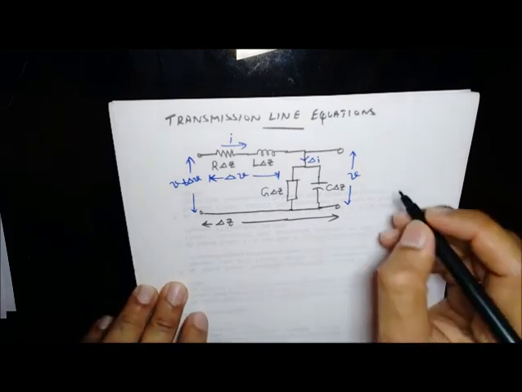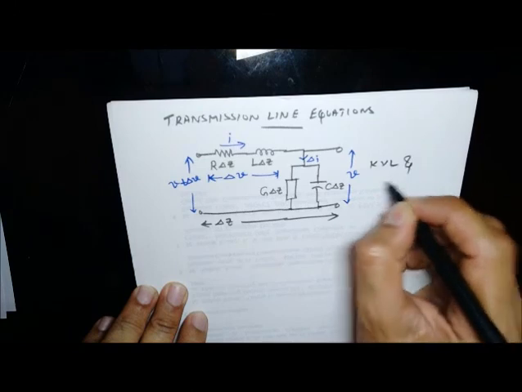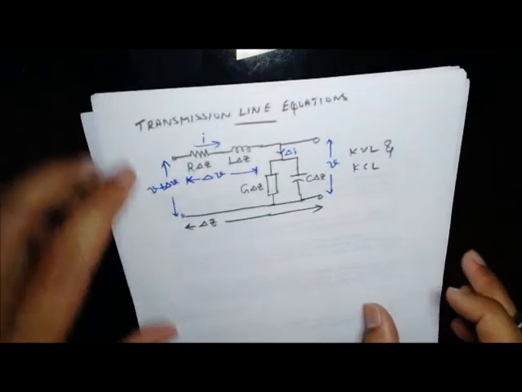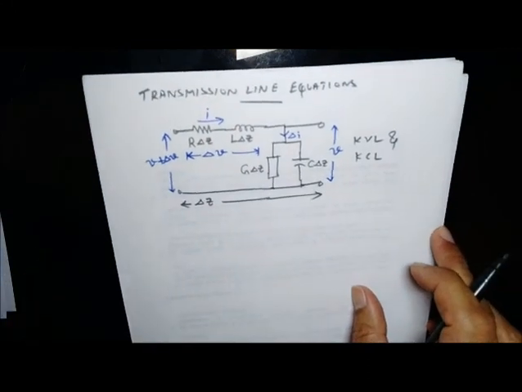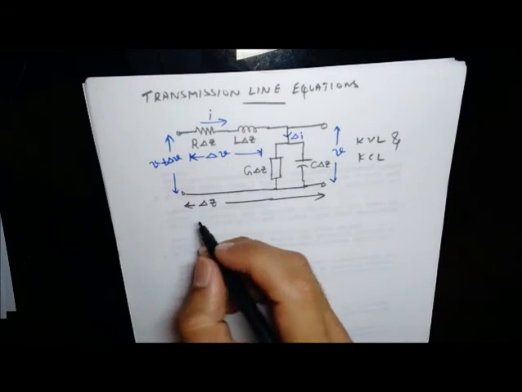Right, now let's use KVL and KCL. So I'll write down the relations one by one, which must be quite simple because the circuit basically is a very simple one.